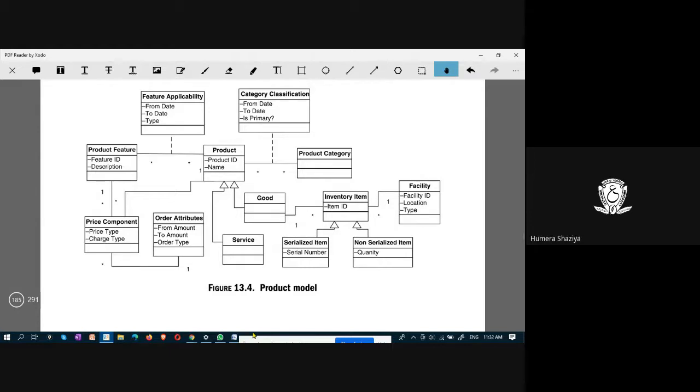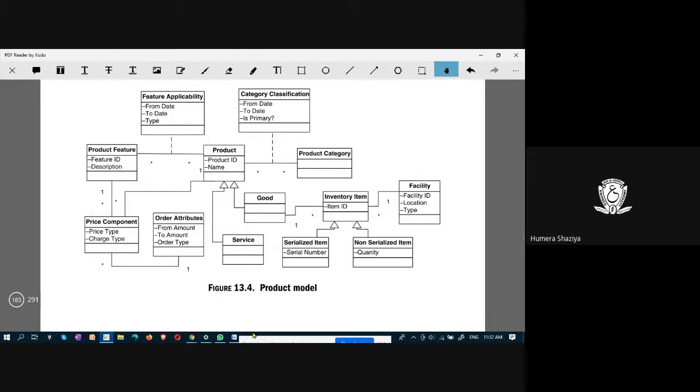For example, if the product is a pen, pen would have pen color, pen width, its thickness, its height. ID is given for each one and description is provided. And for each product, there would be several product features, and each product would belong to a product category.